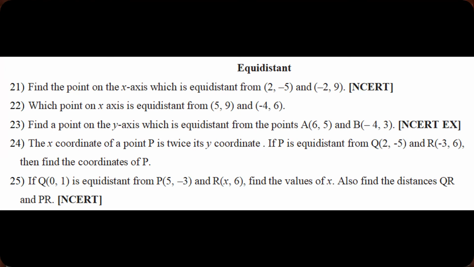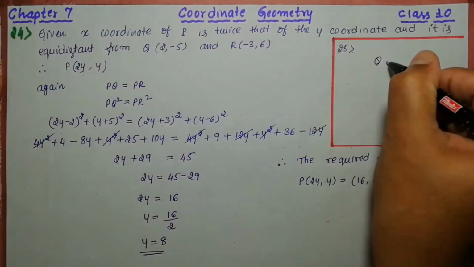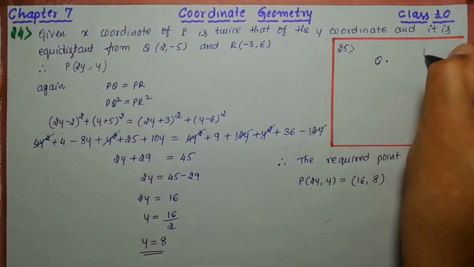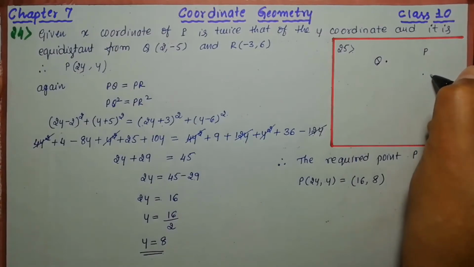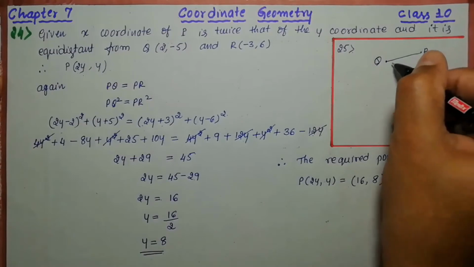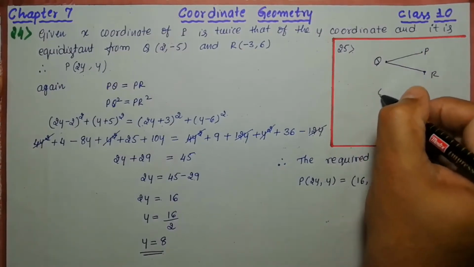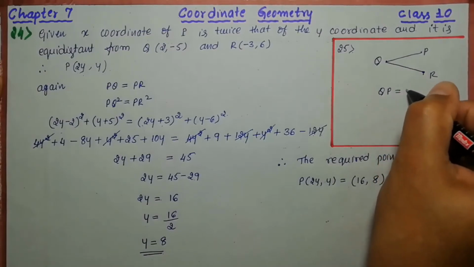Okay, so now I will give you a hint and you need to solve this one. Now look at the hint. It is given that Q is equidistant from P and R. Okay, so this is R and this is P. So Q is equidistant means you have to take the mathematical equation like this: QP is equal to QR.